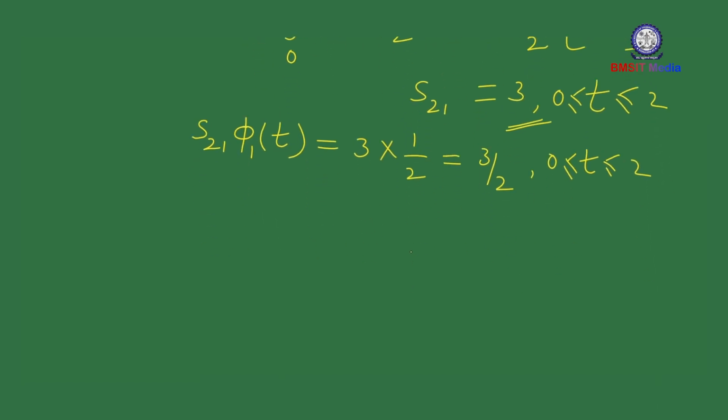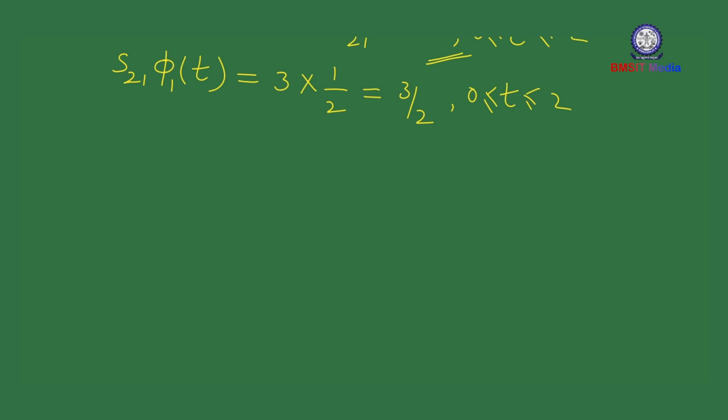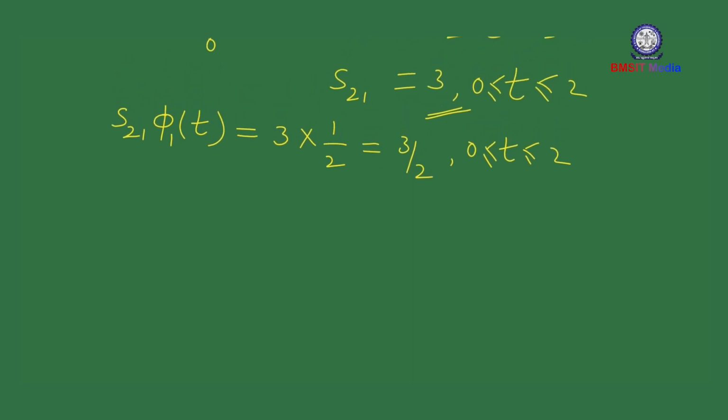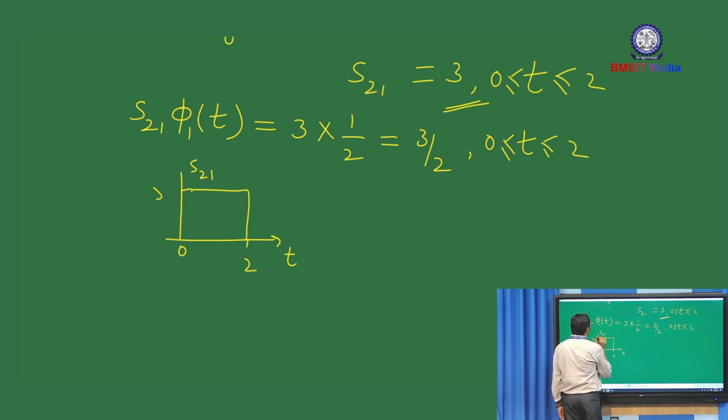To multiply these two signals, we need to do the graphical multiplication, then only these limits will be clear. So first let me draw the signal S21. As I said, S21 is 3. It is from 0 to 2. Its value is 3. This is S21.